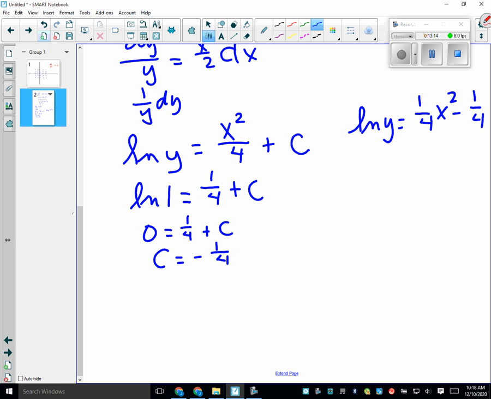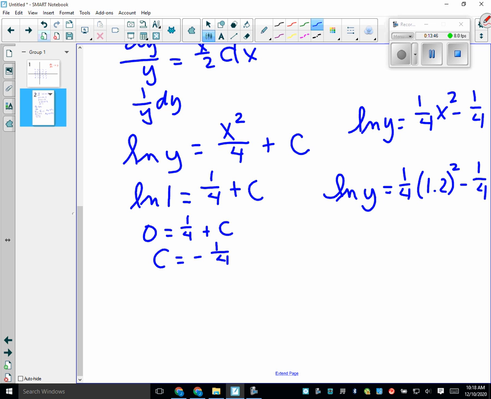So, what do I know? What am I finding now? I'm finding y, aren't I? And x is 1.2. So, ln of y equals 1/4 times 1.2 squared minus 1/4, right? Well, that would be nice.